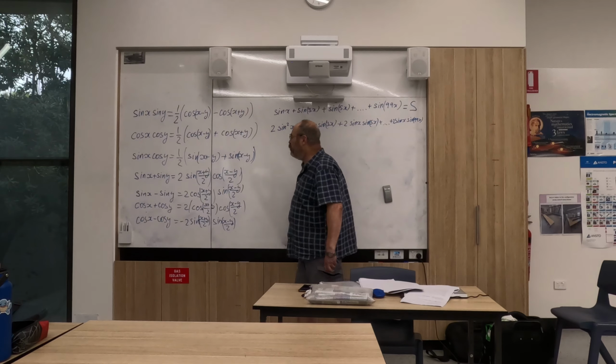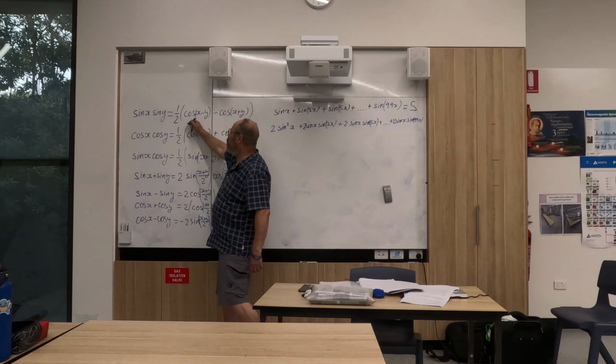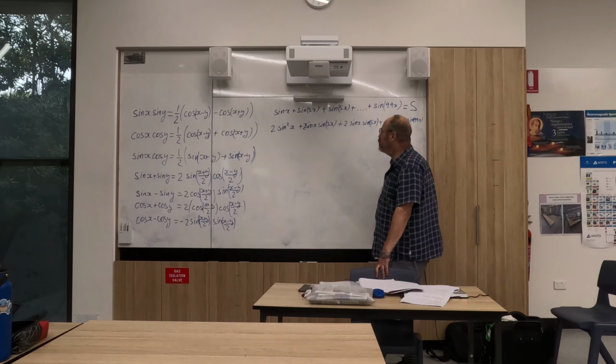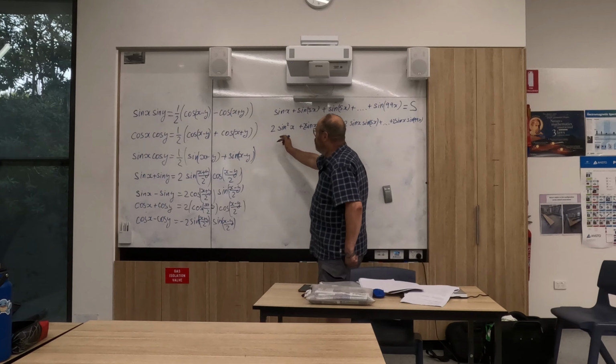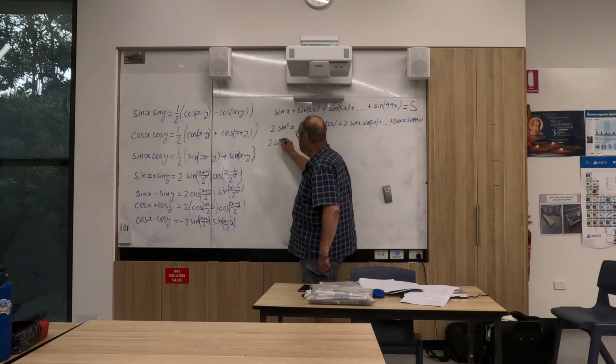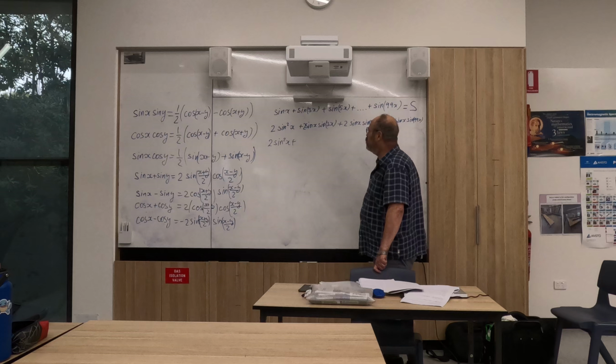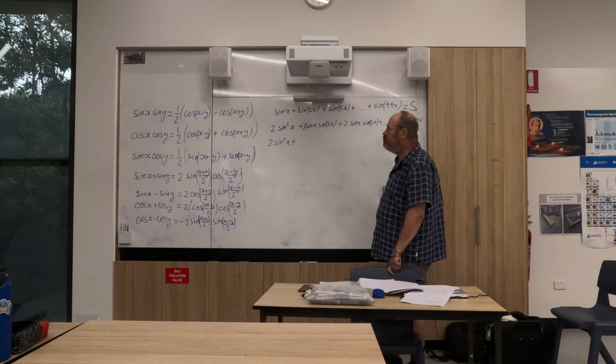Now let's apply the formula for the product of two sines: 2 sine x sine y equals cos(x minus y) minus cos(x plus y). So we'll keep 2 sine squared x, plus what this becomes for 2 sine x sine 3x.